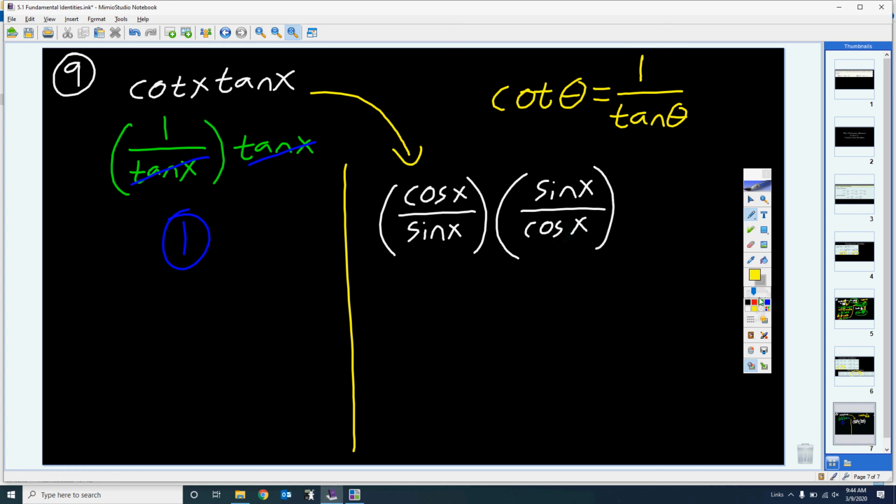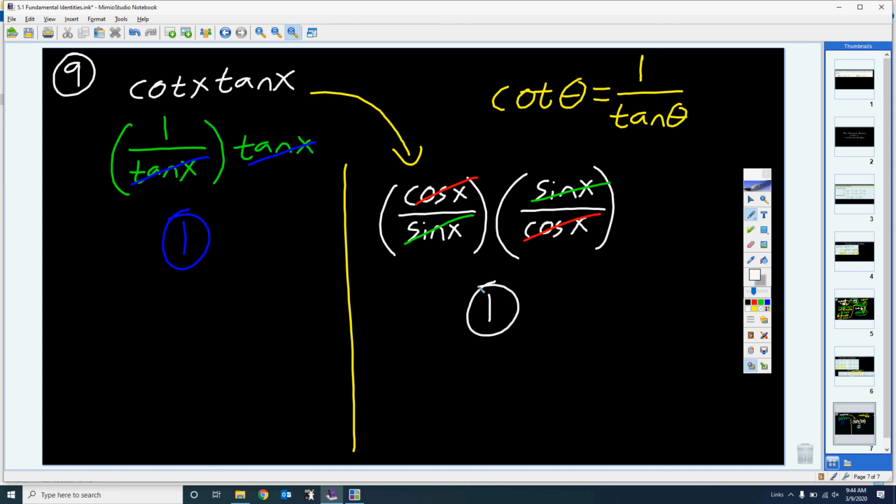Then my sines cancel each other out, and my cosines cancel each other out. When everything cancels, I'm dividing everything by itself, I end up with 1.